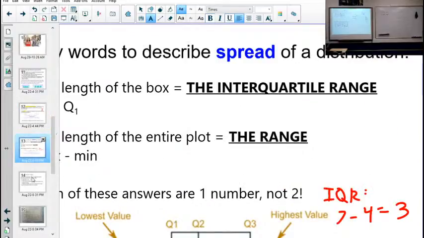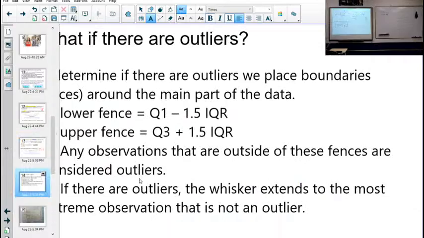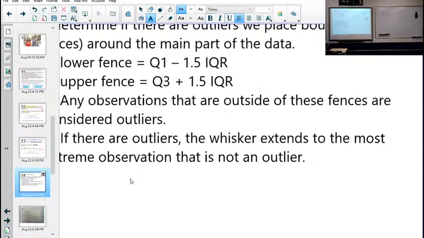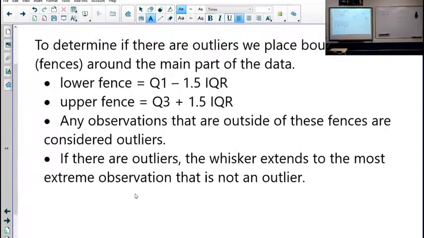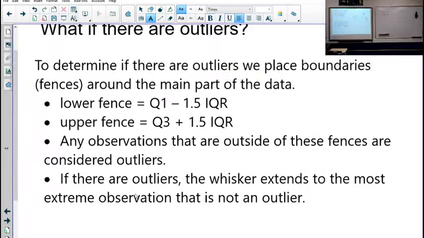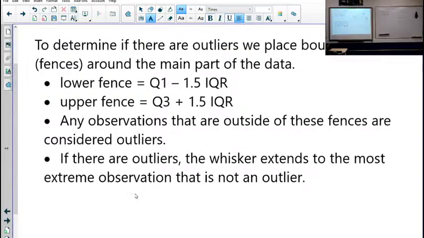We did interquartile range. The interquartile range and the quartiles are going to help us determine if there are any outliers in a set of data. That's what we're going to use to test if something is an outlier. We're actually going to use the quartiles as our boundary.